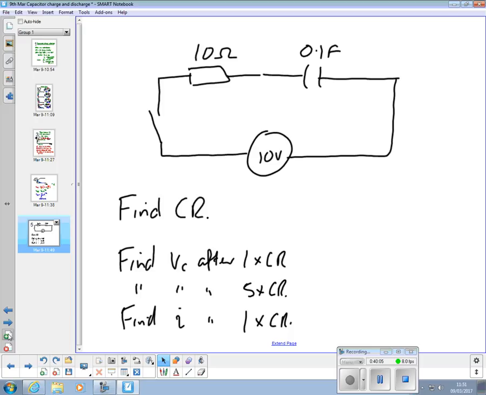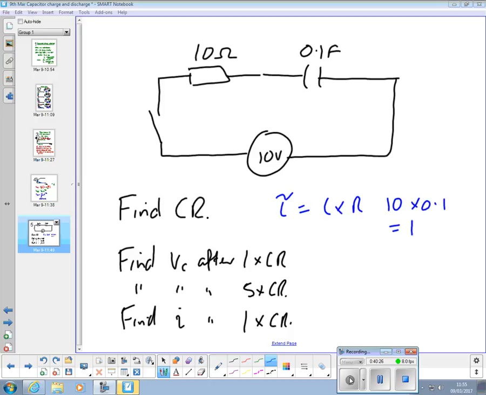CR, or the time constant, tau, is equal to C times R, 10 times 0.1, 1 second. I keep it nice and simple for the first example.